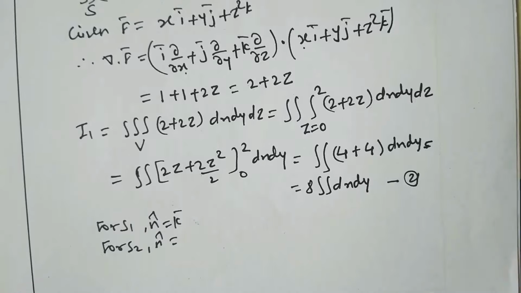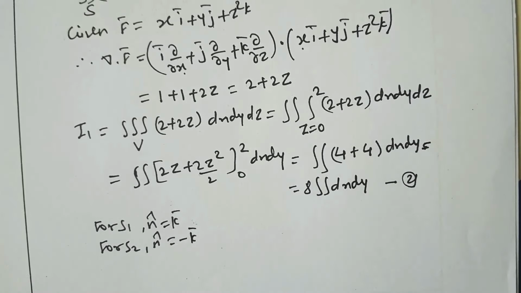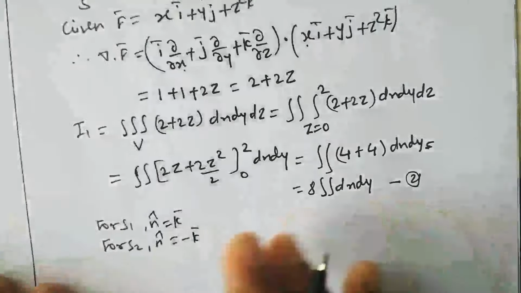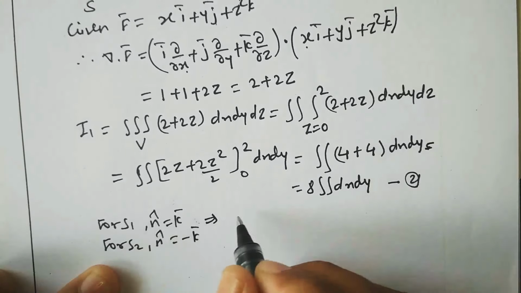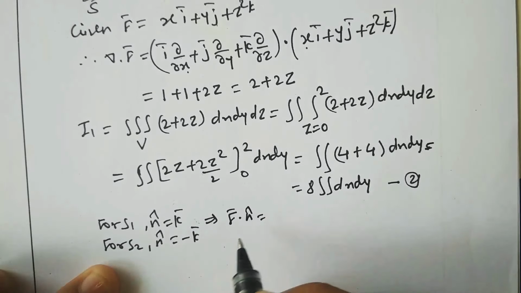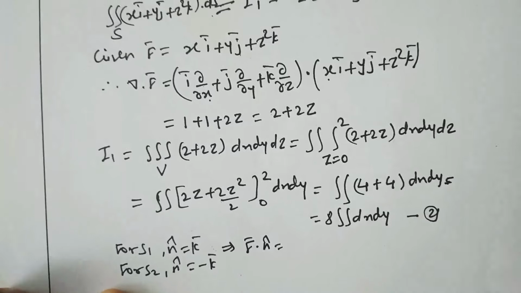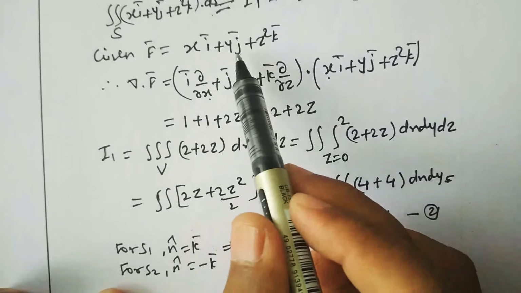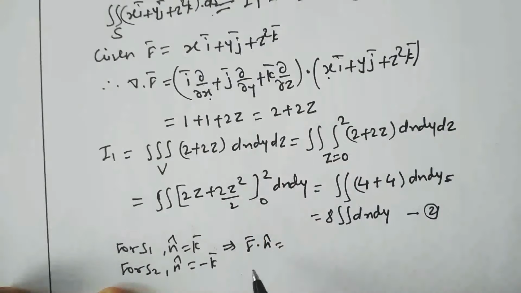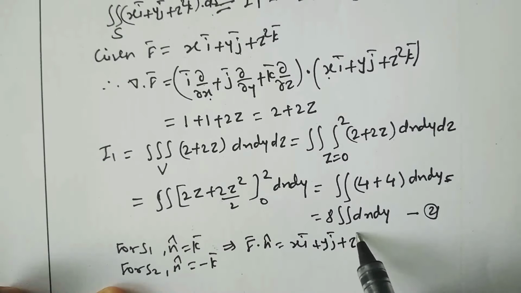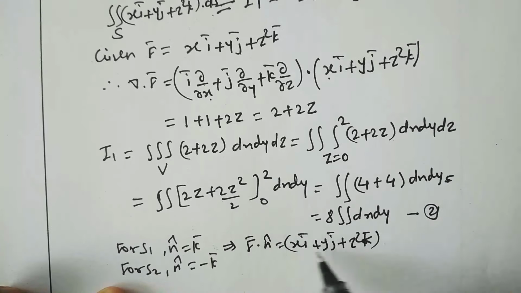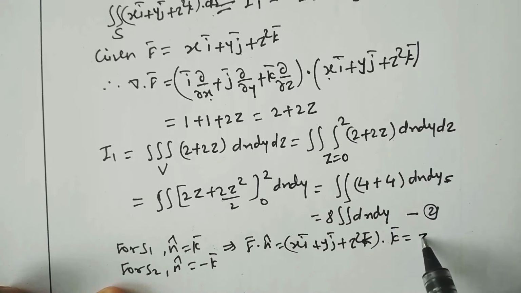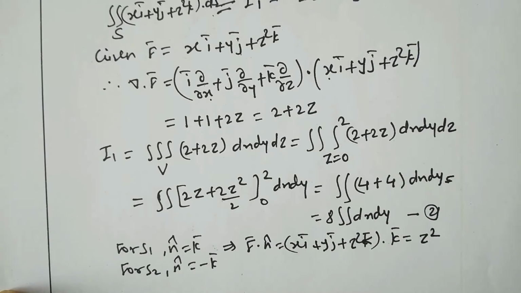So for surface S2, n cap is equal to minus k bar. This implies for surface S1, F bar dot n cap, where F bar is x i bar plus y j bar plus z square k bar, dot k bar, is z square. This is for surface S1.